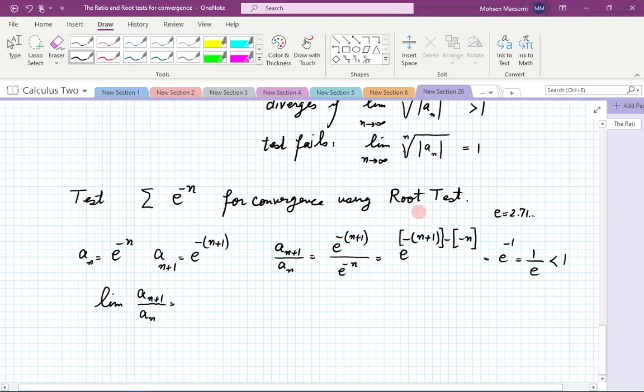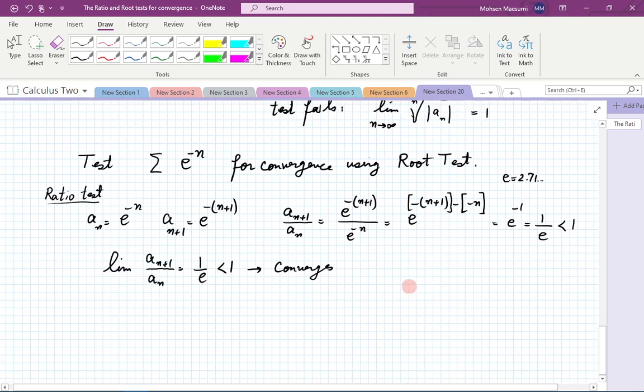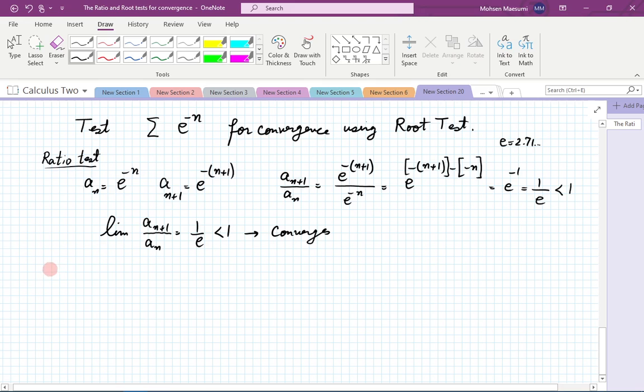I said let's do a root test, but by mistake I started with the ratio test. Let me finish that up. So by the ratio test it converges, but my mistake, we were supposed to do a root test, not a ratio test. Root test.